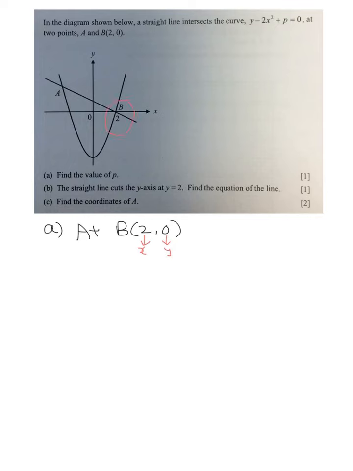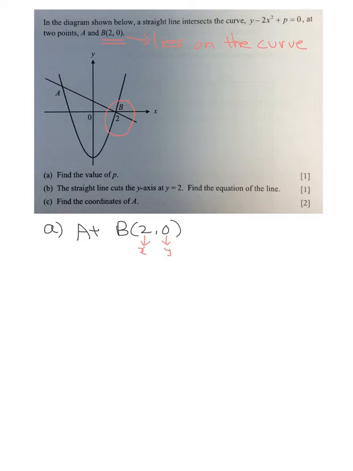You have to notice that B actually lies on the curve. What does it mean by the coordinate B lies on the curve? It also means that you can substitute the value of the coordinate B into the equation of the curve.